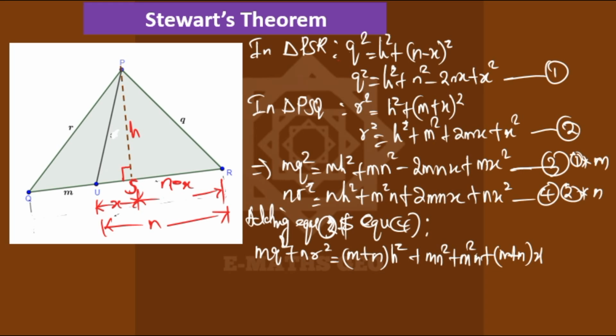The 2MNX terms cancel to 0. Here we can still factor, because M plus N is common, and both terms have MN, so I can factor MN out: N from the first, M from the second, giving MN times (N plus M), plus (M plus N) times X squared.